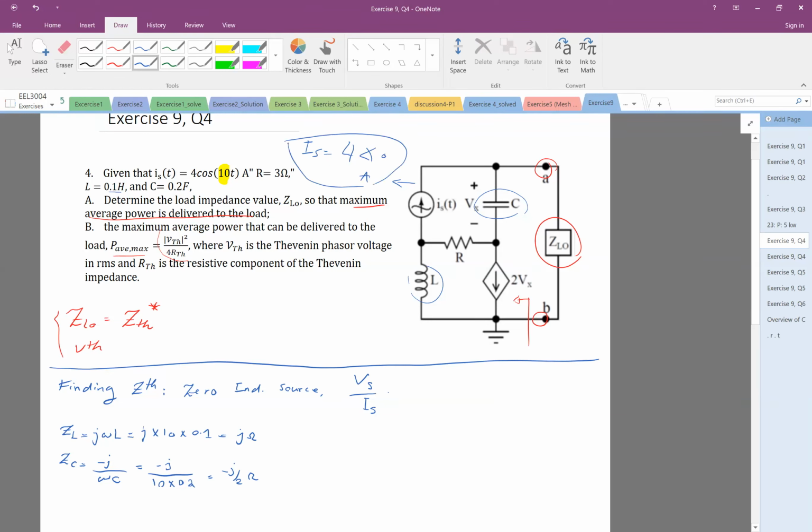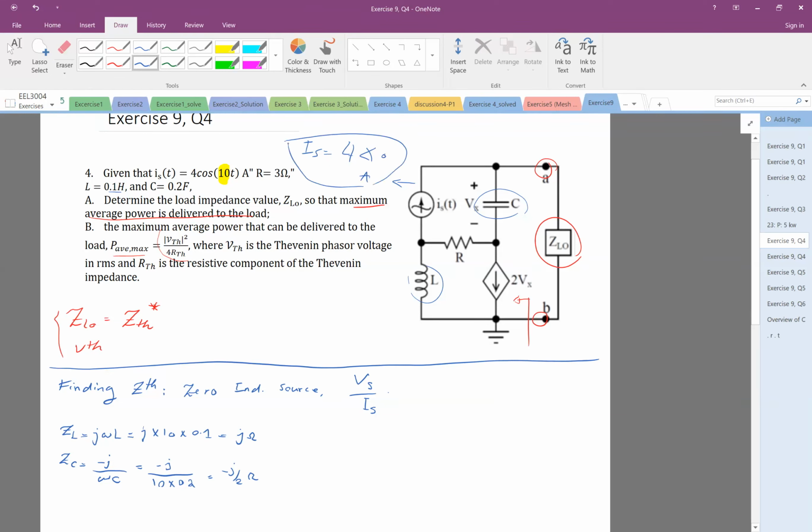For node voltage analysis, we can look at the essential nodes. For example, I go on this one and call it V1, and I will write KCL on the essential nodes.